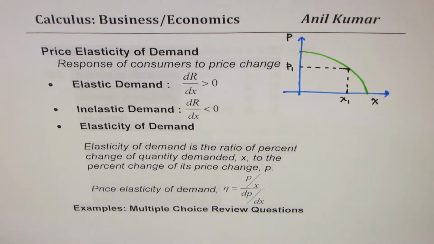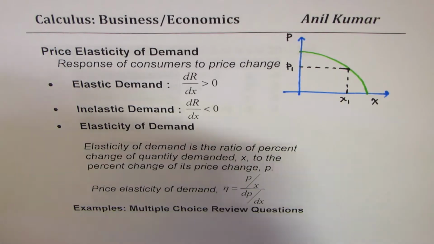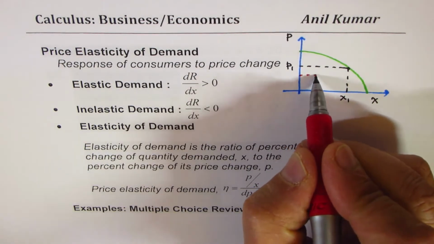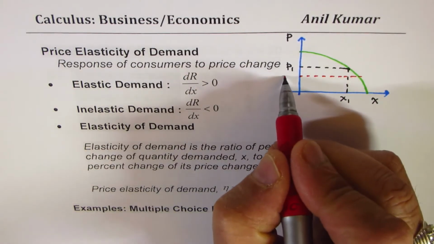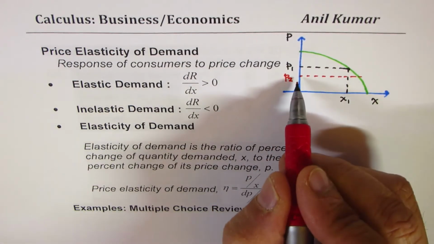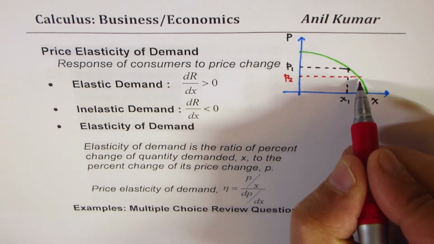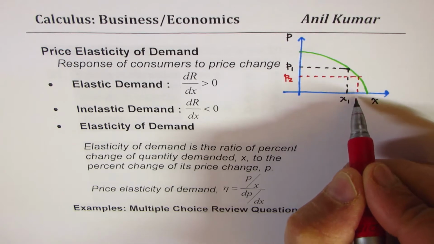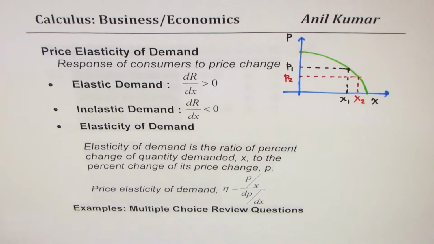Now what happens if I reduce the price? If the price is reduced, let's say it becomes P2, which is much smaller than P1, we will see that the number of items sold is higher.